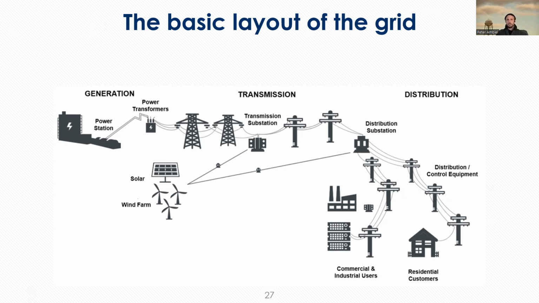So these are the big metal towers that you'll see when you're driving on the freeway. The higher voltage lets them transfer the electricity at length with lower losses.